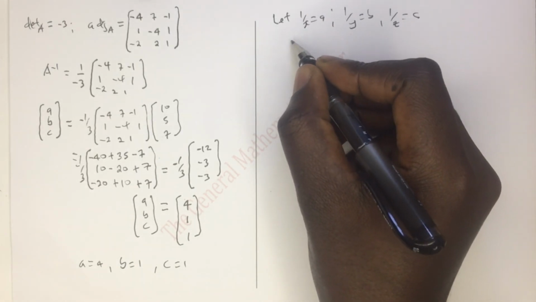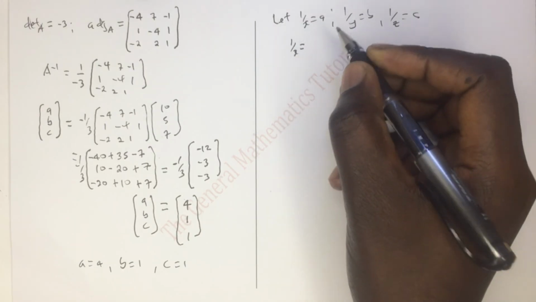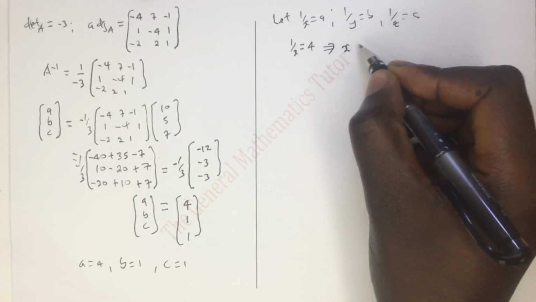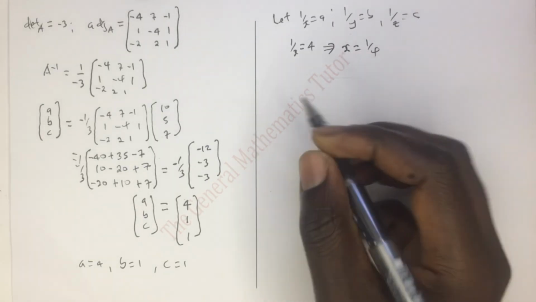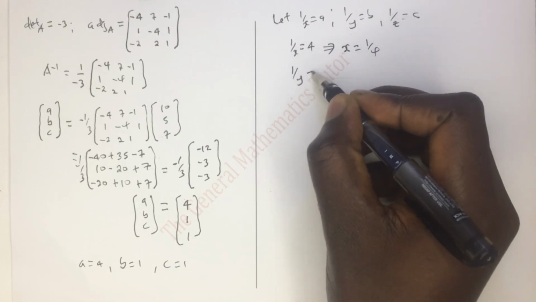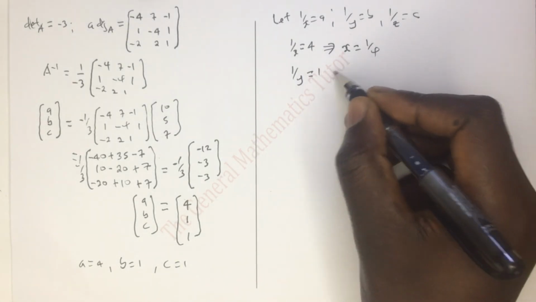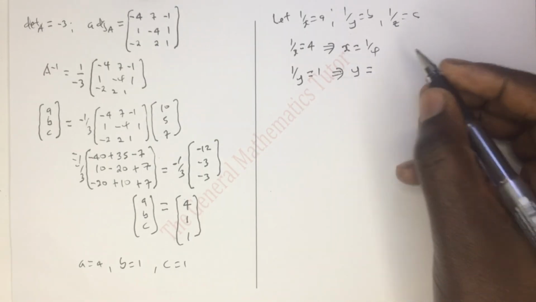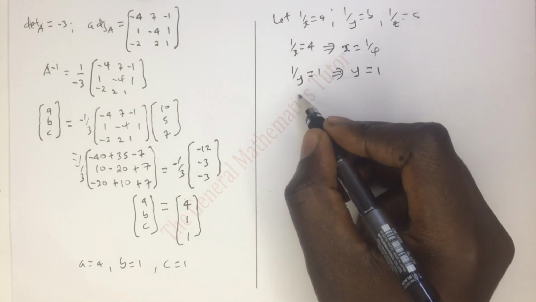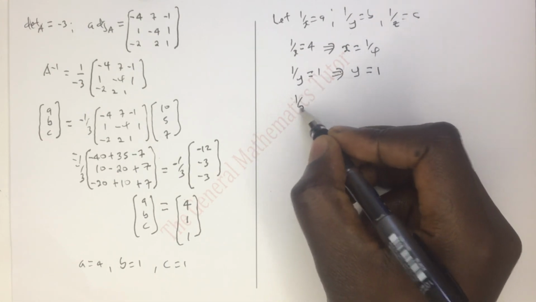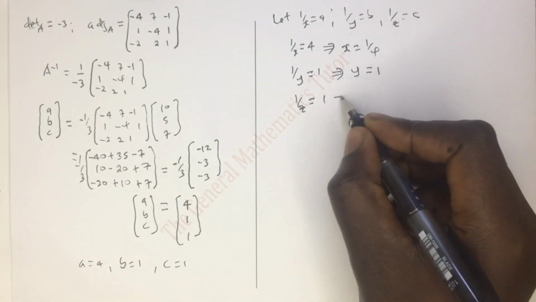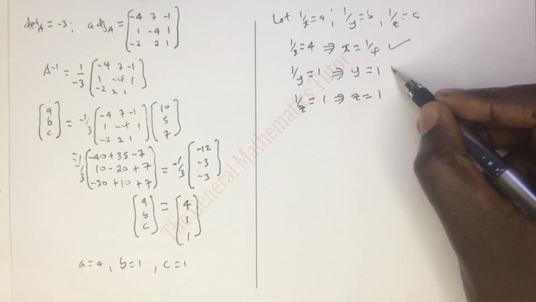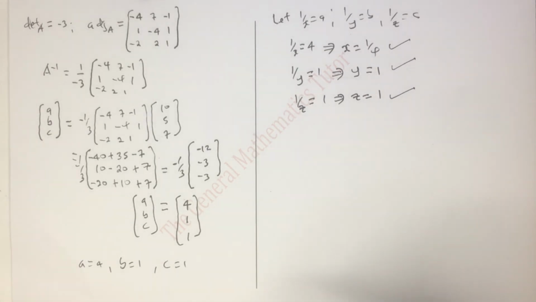So it means therefore that 1/x is equal to A, and A is 4. So this implies that x is equal to 1/4, and then we have 1/y is equal to B, and B is 1. So this means that y is equal to 1/1, which is just 1, and the other one is 1/z is equal to C, and C is also 1. So it means therefore that z is also equal to 1. So those are the values of x, y, and z.